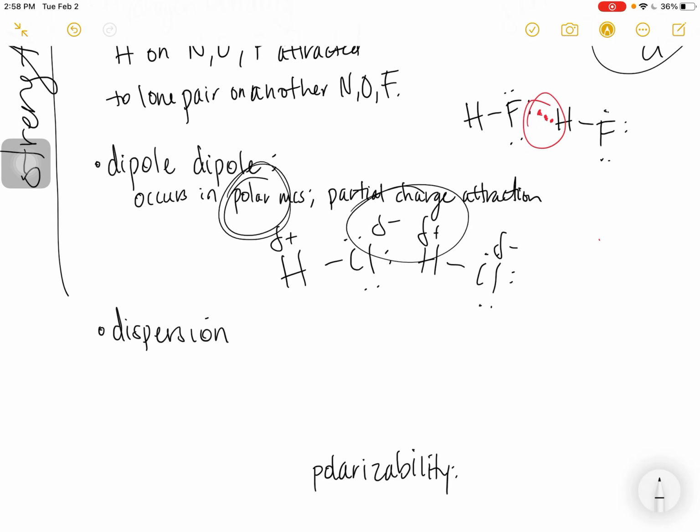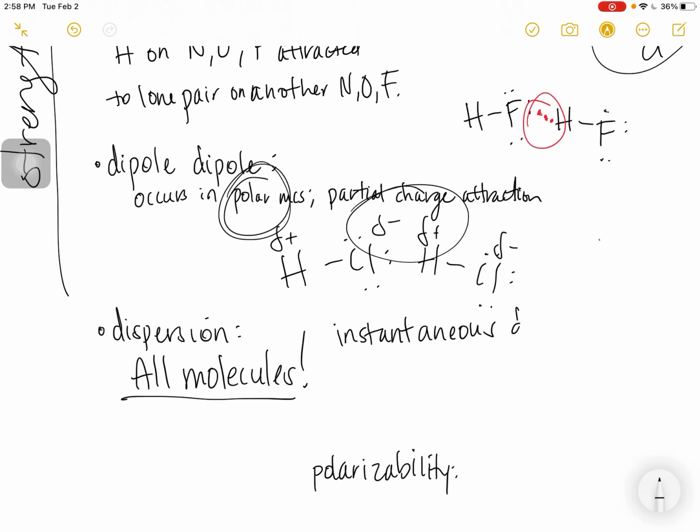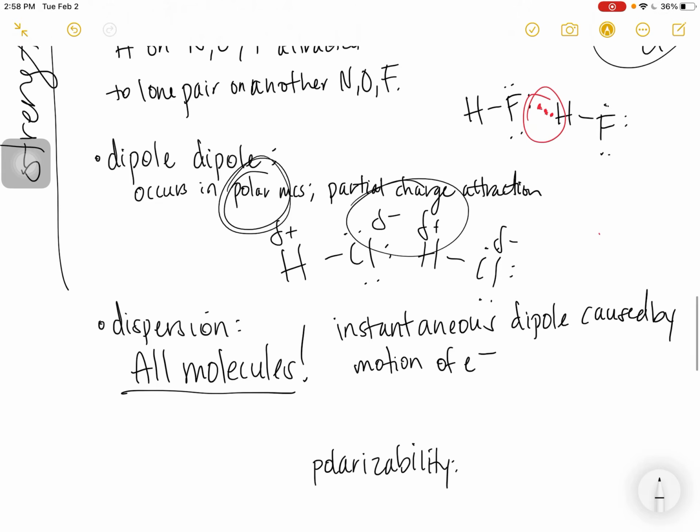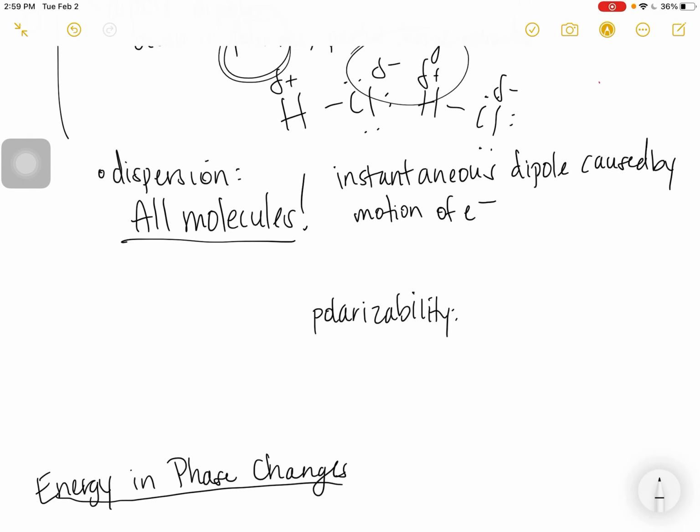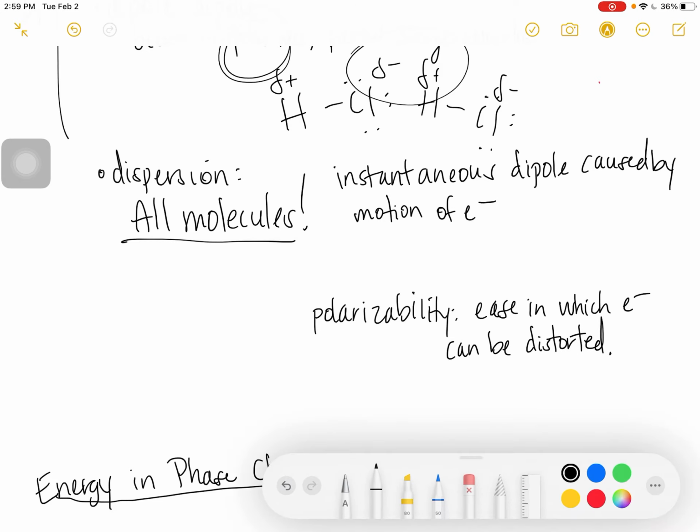Your weakest type of intermolecular force is dispersion. It occurs in all molecules, but it is an instantaneous dipole caused by the motion of electrons. That motion of electrons is called polarizability, and that's the ease with which those electrons can be distorted or moved around to create those instantaneous dipoles.